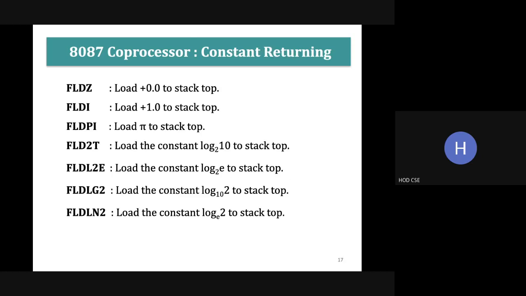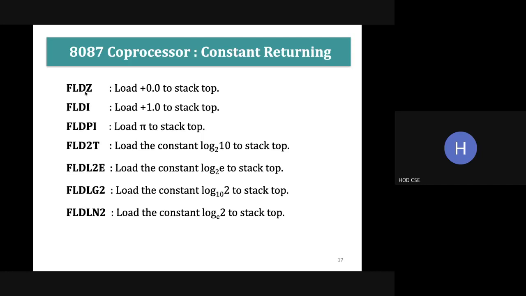Next is the constant loading instructions. If you want to load the value 0.0 into the top of the stack, you use FLDZ. Can you tell me the instruction used to store 0 into the AL register? I want to store the value 0 into the AL register.